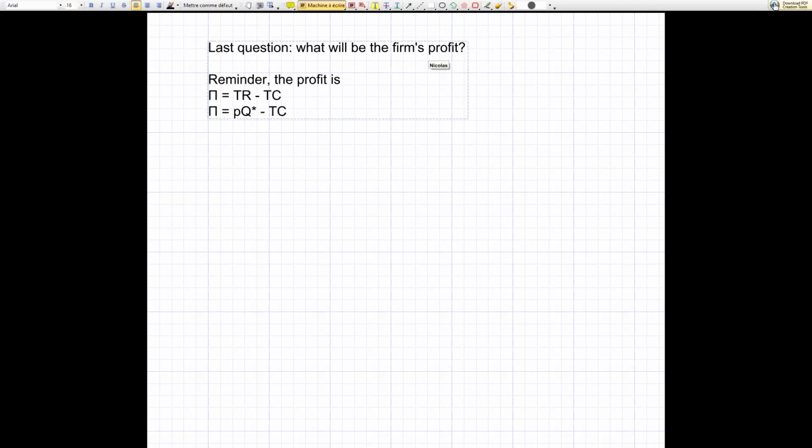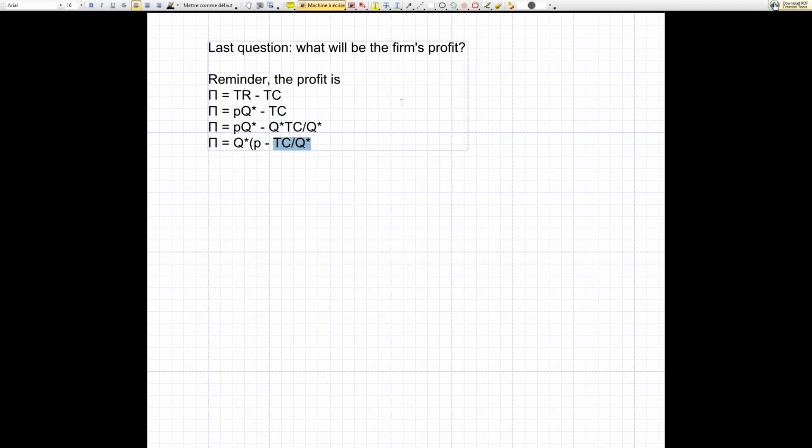So average variable cost was what we used to decide whether the firm opened or not. But now to know what the firm's profit is, we keep the fixed cost inside the total cost. And we can split it this way. So it's PQ minus, again, total cost divided by Q, which is equal to Q times P minus total cost divided by Q star.